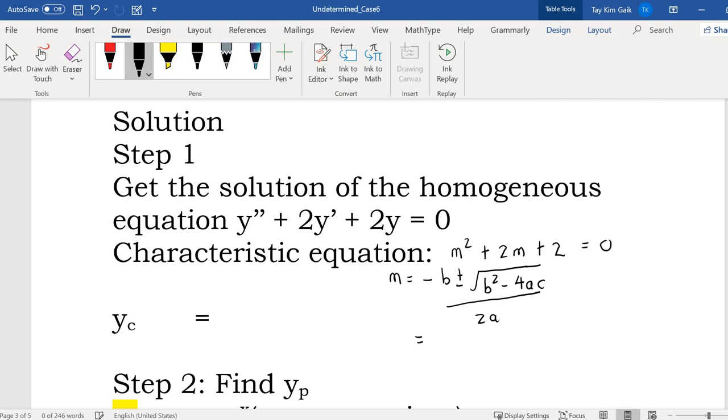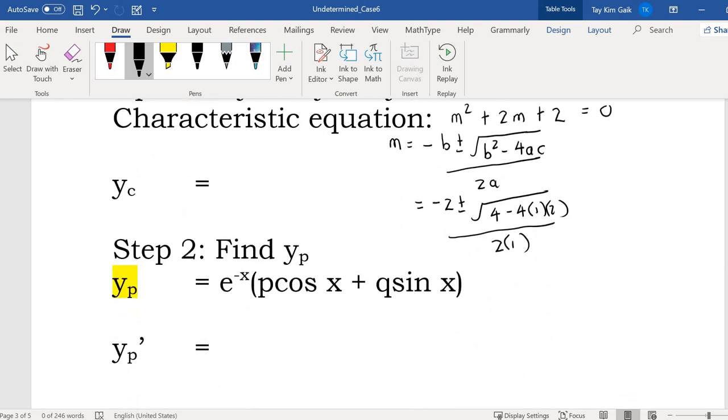So b is 2, so negative 2 plus minus, b squared will be 4. a is 1, c is 2, then divided by 2 times 1.